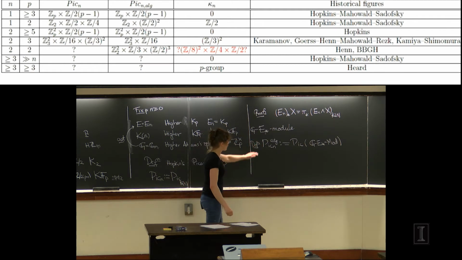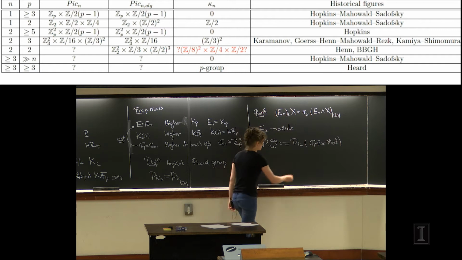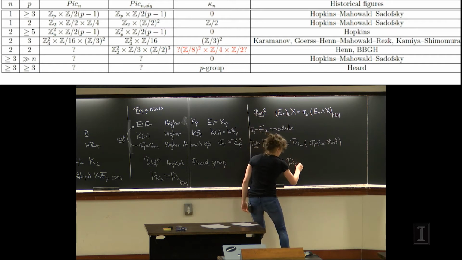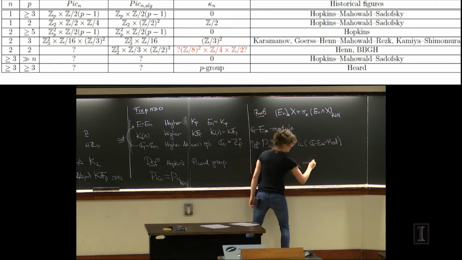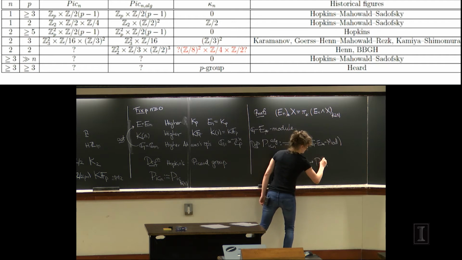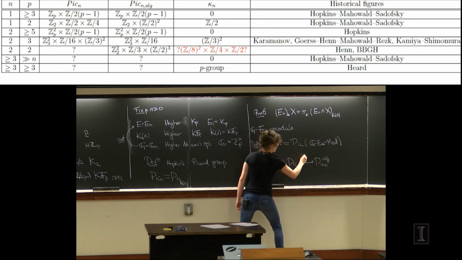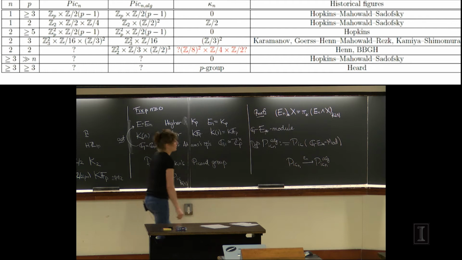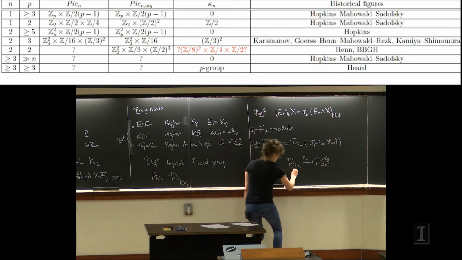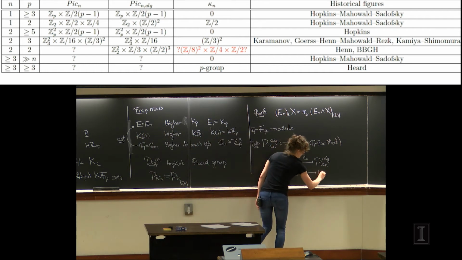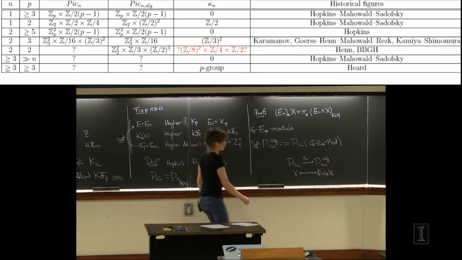It's not known if everything in there is of this form, but there definitely is a map from Pic_n to the algebraic Picard group, which maybe I'll write epsilon_n. And it just does this process. It takes X to E_n^*(X).